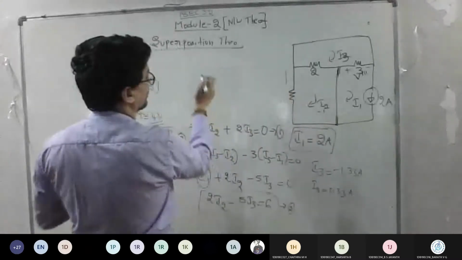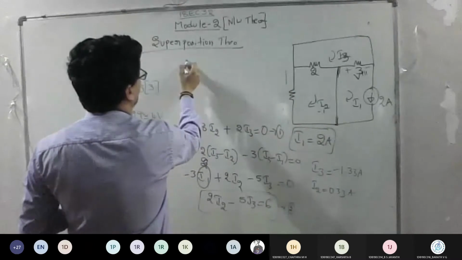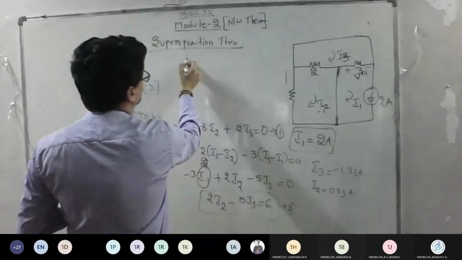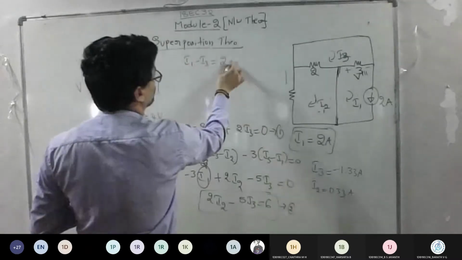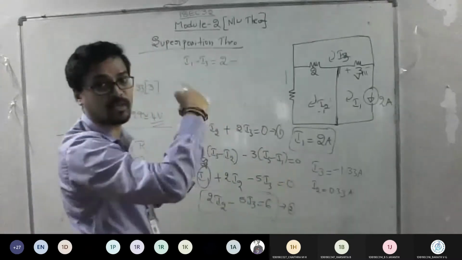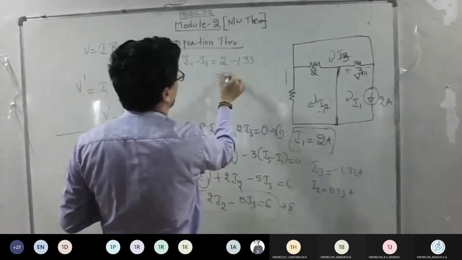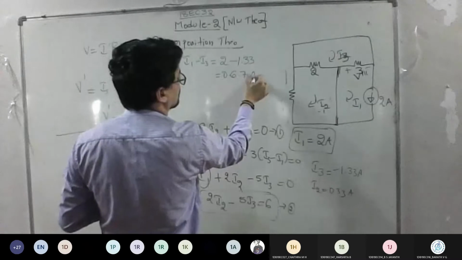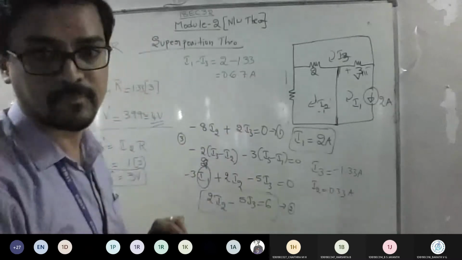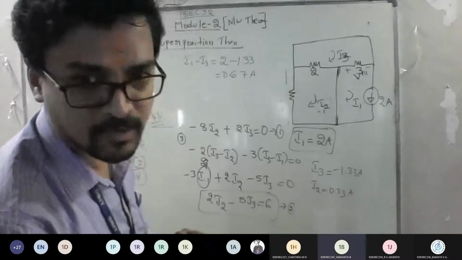Good. So across 3 ohm, we have two currents, so it says I1 minus I3. So 2 minus, and don't take minus of minus and do plus here. Its value is minus. That's it, so this becomes 0.67. Correct now? Yes, sir.